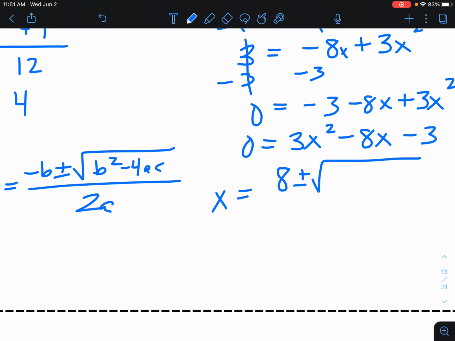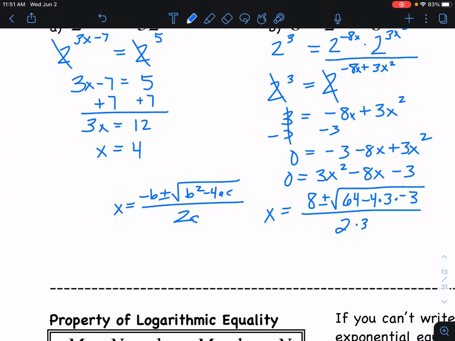Then b squared, so that would be negative 8 squared, which is 64. Please remember, when you square a number, it's always going to be a positive. Please do not put negative 64 there. When you do b squared, it's always a positive. And then minus 4 times A times C, divided by 2 times A.